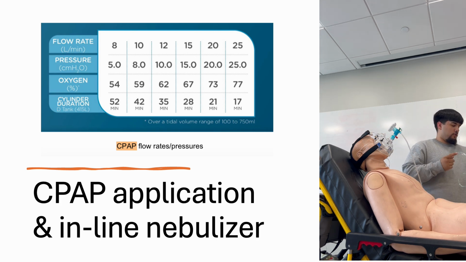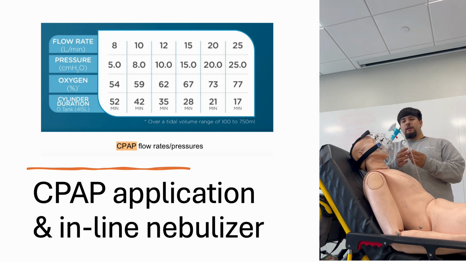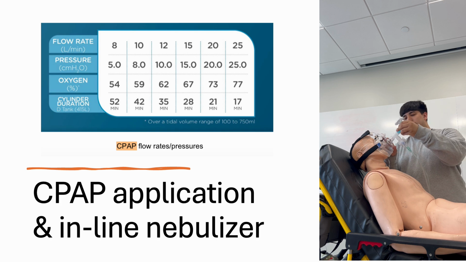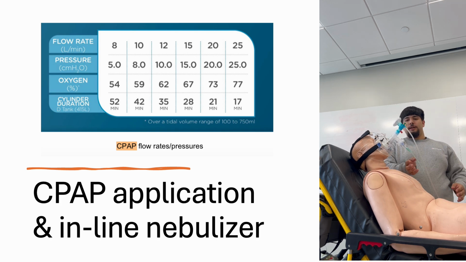I have another oxygen supply right here, and we'll set it to about 8 liters per minute. You'll start seeing the nebulizer atomize when you do that. Then you'll just put it right here, just like that. Like I said, it's important to make sure you have 2 lines of oxygen going, one for the CPAP and the other for the nebulizer.